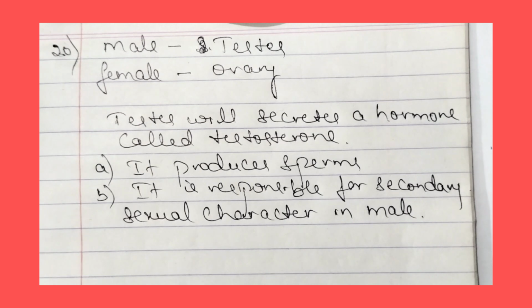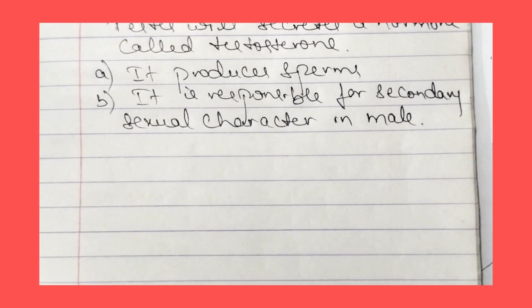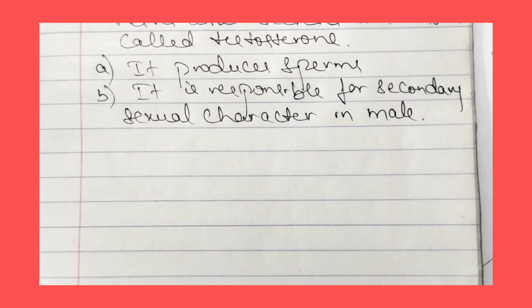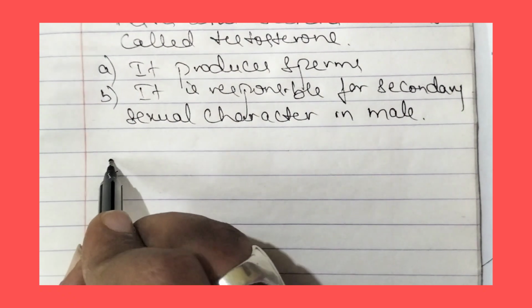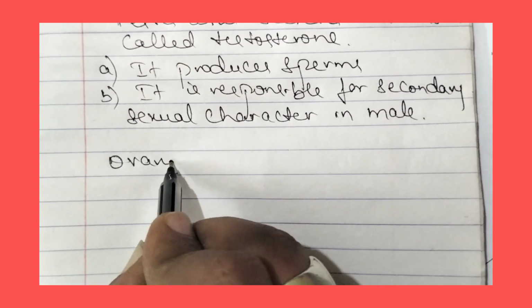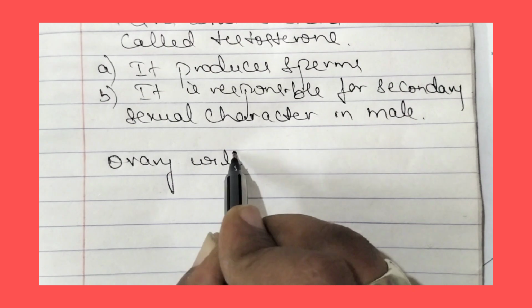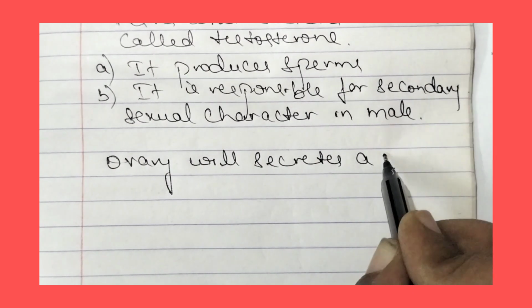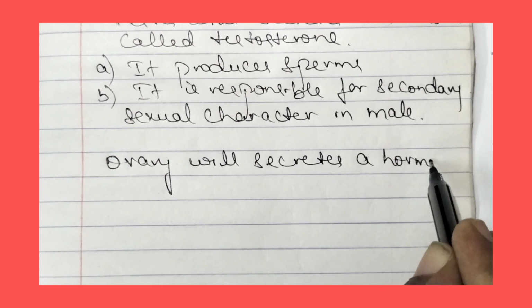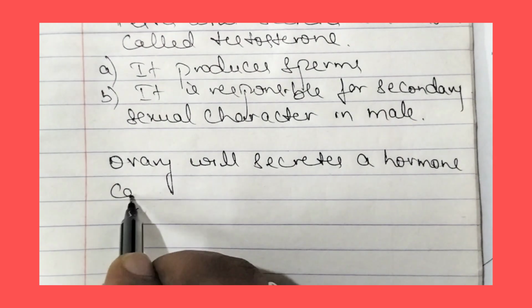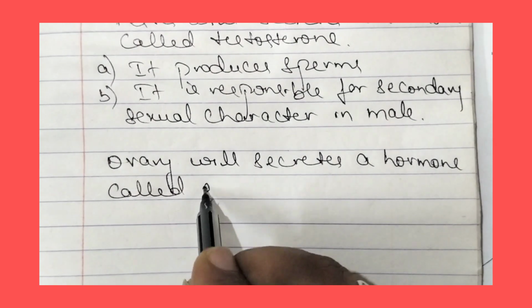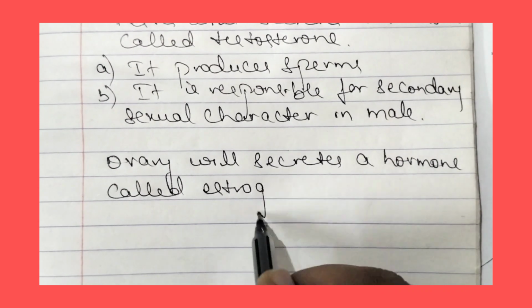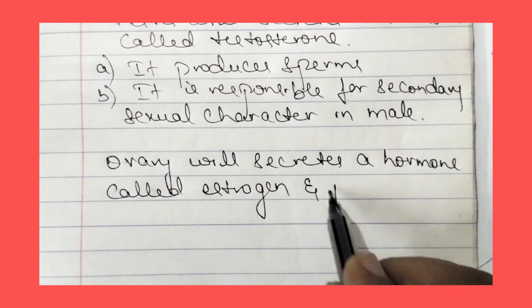Then coming to the next one, that is ovary. Ovary will secrete a hormone called estrogen and progesterone.